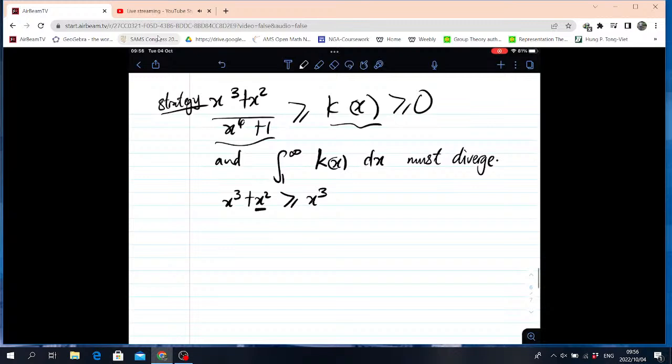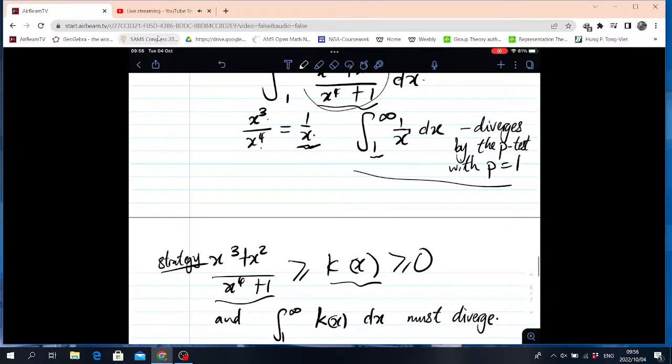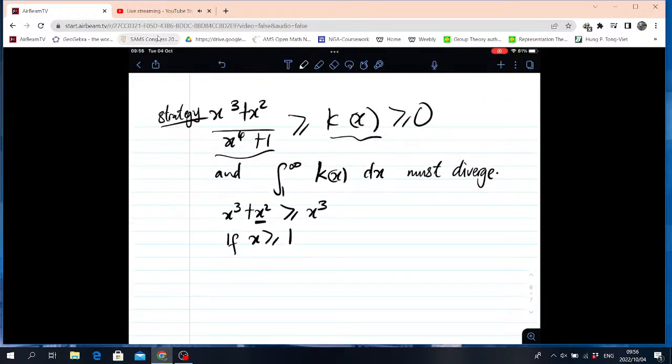And then if x is greater than or equal to 1, so remember that we are integrating from 1 to infinity, so we can assume that x is greater or equal to 1, then we know that x to the 4 is greater or equal to 1, right? Any value of x which is greater than or equal to 1, if you take its power to the 4, then it's obvious that that happens, right?